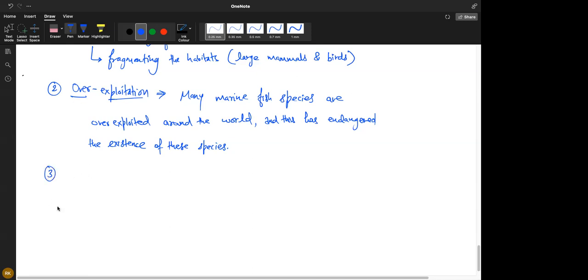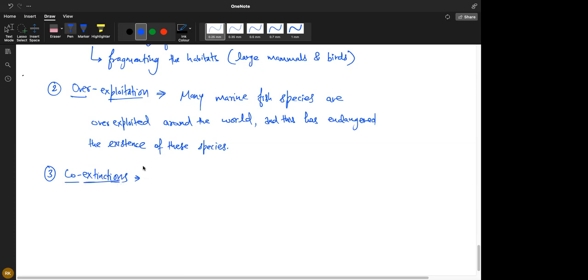The third reason, as I already talked about in the context of fish, is coextinctions. Just like cooperation, co-education, co means together.